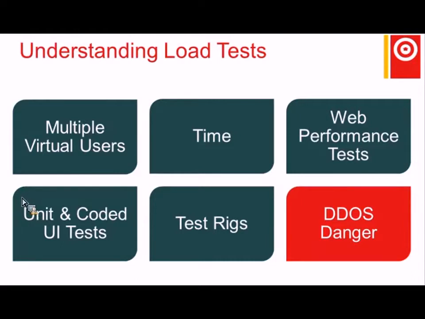Often, if you're going to be simulating more than 200 users, you really need to be working on a test rig. In fact, Visual Studio won't allow you to test from Visual Studio itself on its own with more than 200 virtual users. A test rig basically consists of a controller and multiple agents, and each agent is capable of running an unlimited number of performance tests and unit tests, although each agent can really only run one coded UI test.